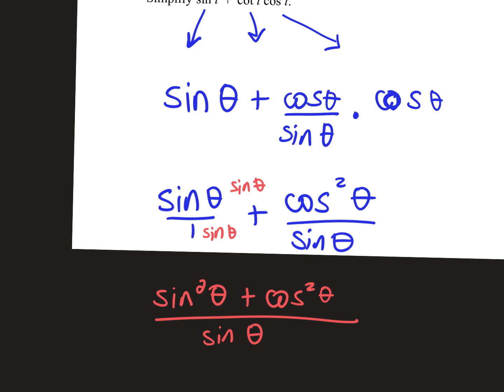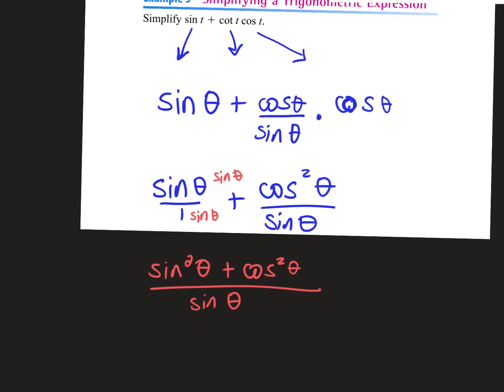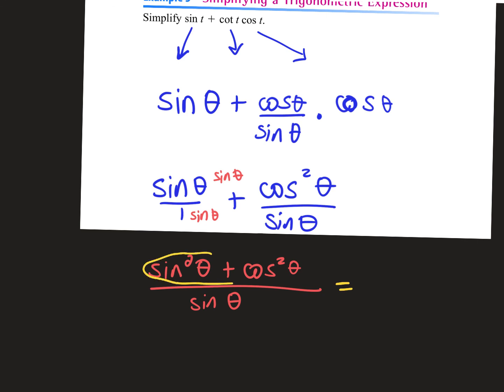So some of you might be like, well, do I just stop here? Well, let's think about it for a second. Look at your identities. Is there anything that I could simplify sine squared theta plus cosine squared theta? Sine squared theta plus cosine squared theta equals 1. It does equal 1. It just equals the number 1. So you have 1 over the sine of theta.